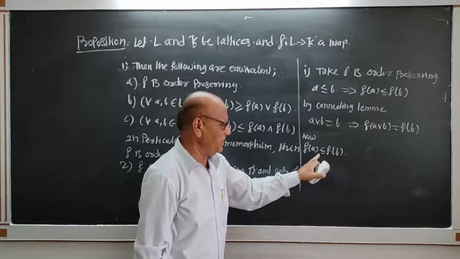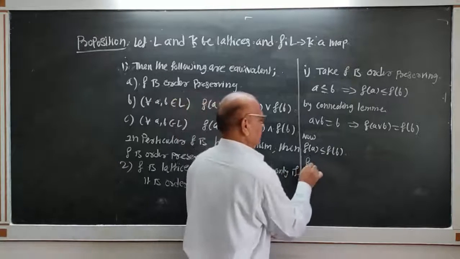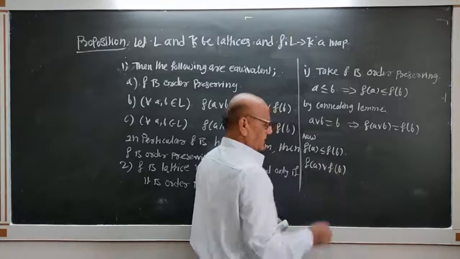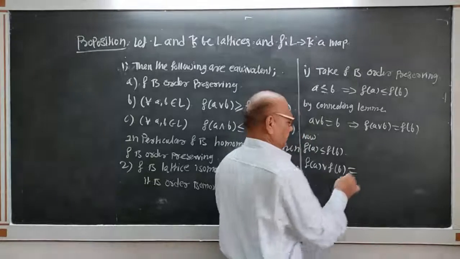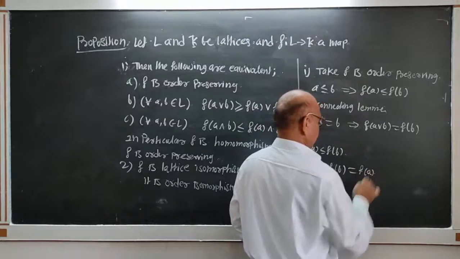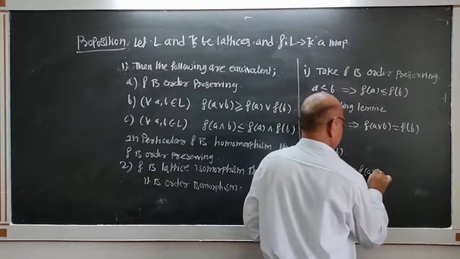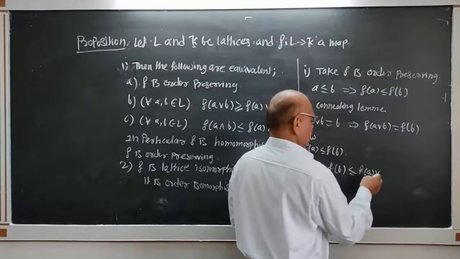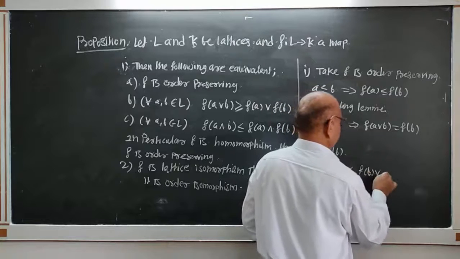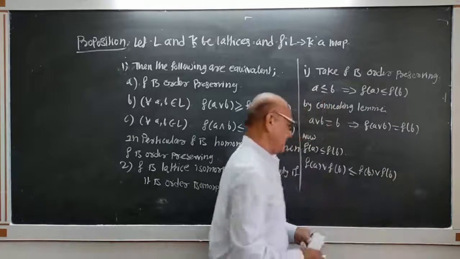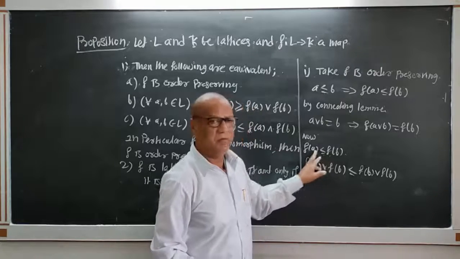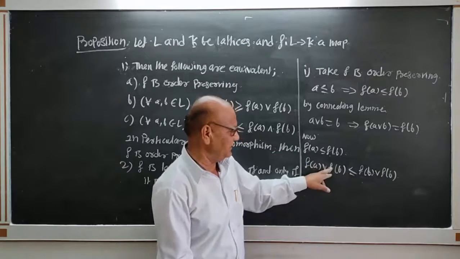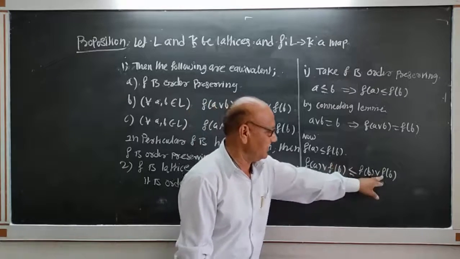Take the join with f of b on both sides: f of a join f of b is less than or equal to f of b join f of b.